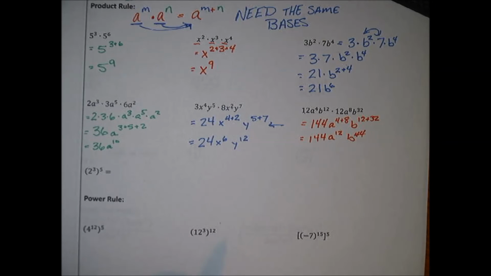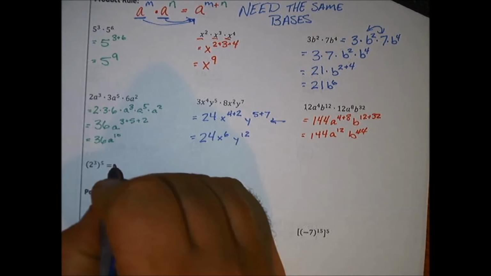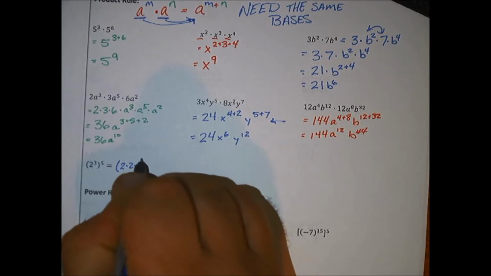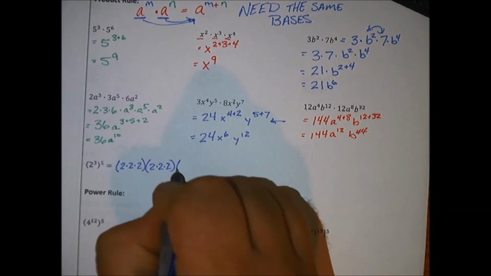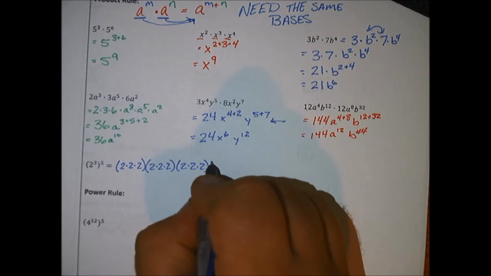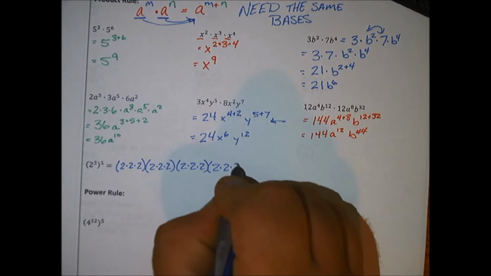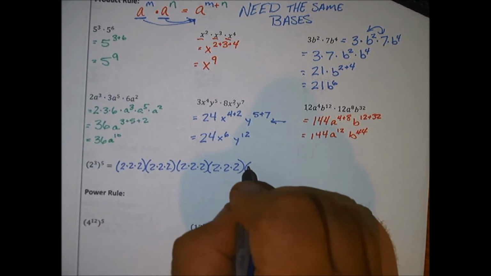All right, let's get going here. Yesterday, or last section I guess, we would have written 2 times 2 times 2, and you can write this as well. We would have written this 2 times 2 times 2 five times. Wait, 1, 2, 3, 4, yeah, I need one more.